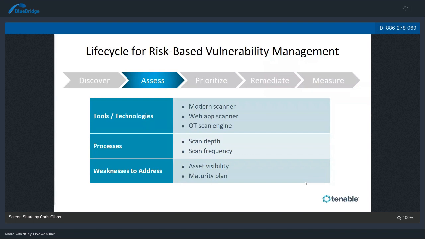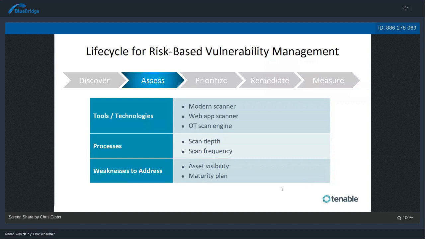And that's a really key thing. How mature is our vulnerability management? So if you're just doing scans half a year, quarterly, then chances are you don't have a particularly mature plan when it comes to the vulnerability management. So where possible, scan as often as possible.